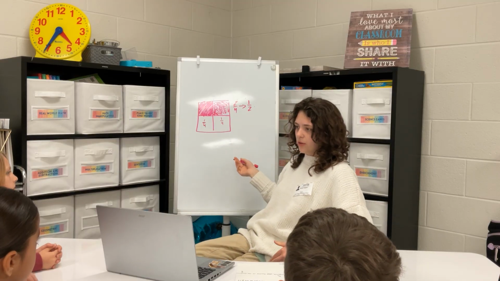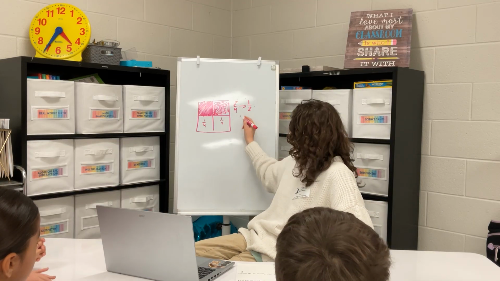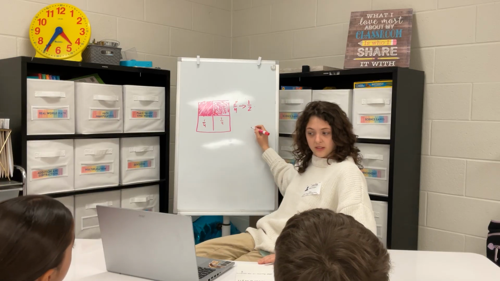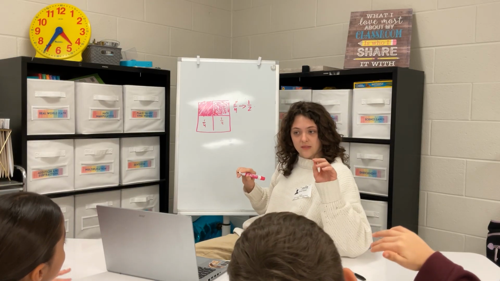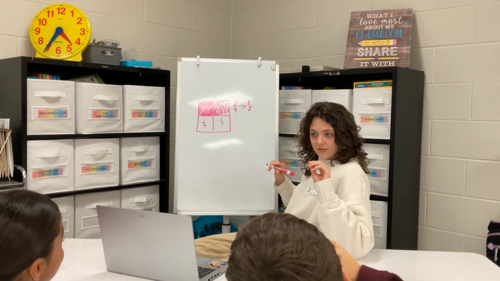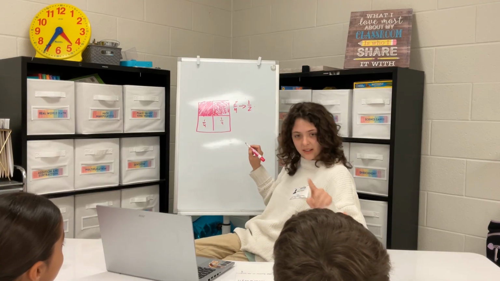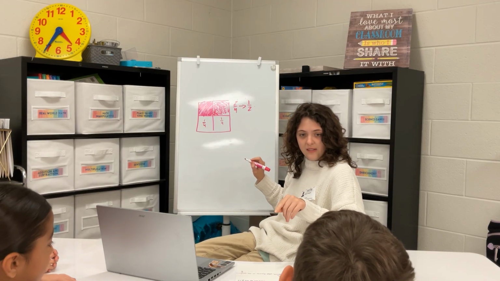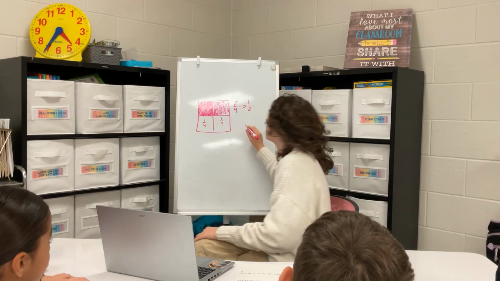So what did we just do? Did anybody figure out a different way to get to 2/4? You ate half of it. That is true. You ate half of it. Technically, you could also do 1/4. Why would you do 1/4?